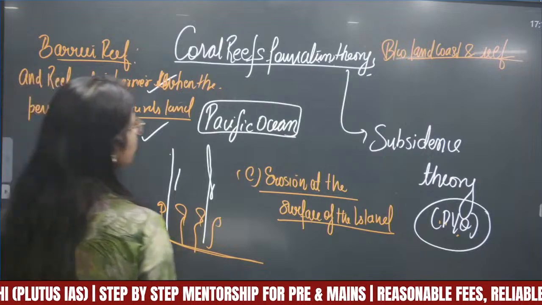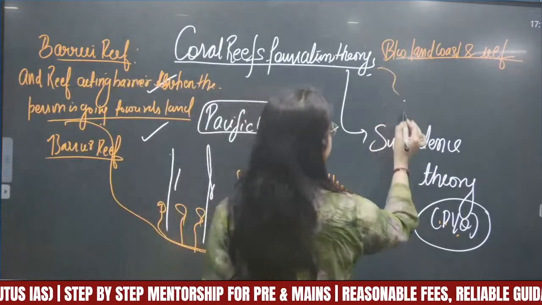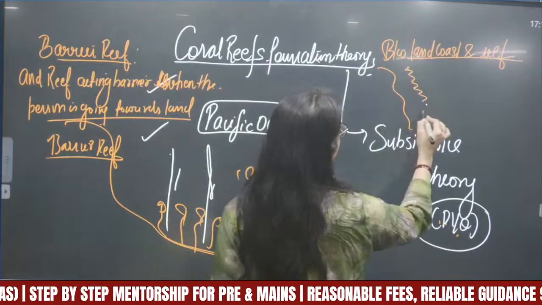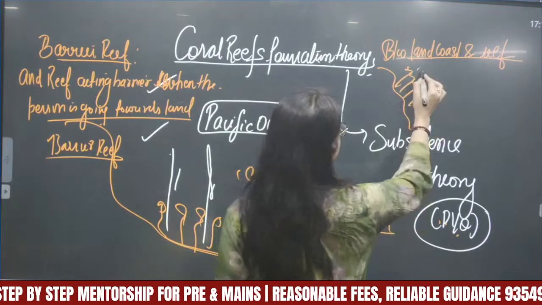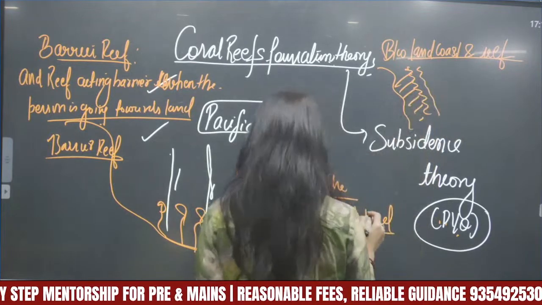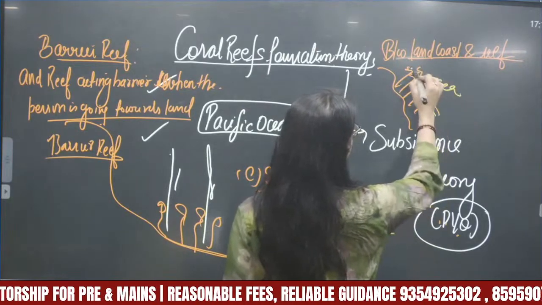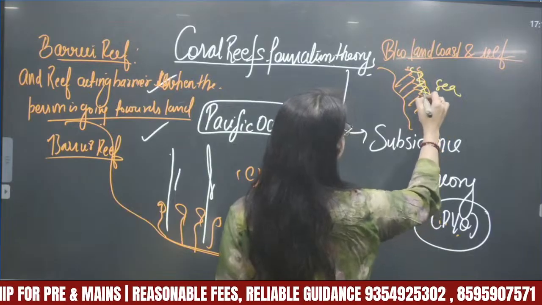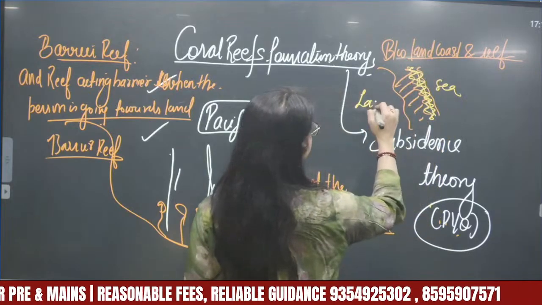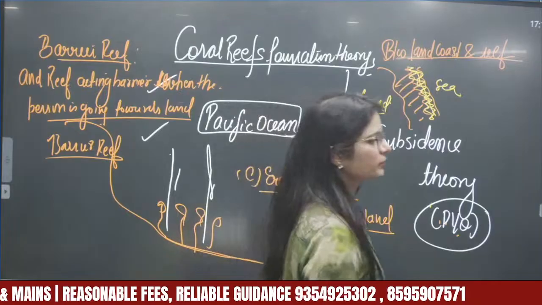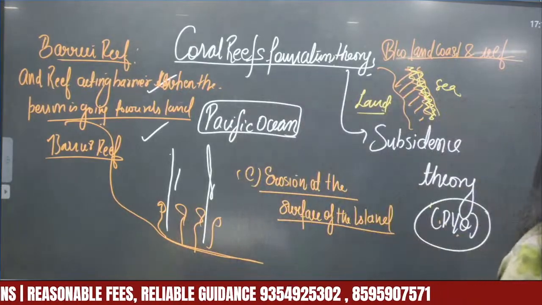right? Assume that this is your land coast. Here would be your water. This is your reef. ये आपका reef है, show with a different pen. ये आपका reef है और ये आपका sea है. So see how this is acting as a barrier. This is your land, right? So you are having a barrier reef.